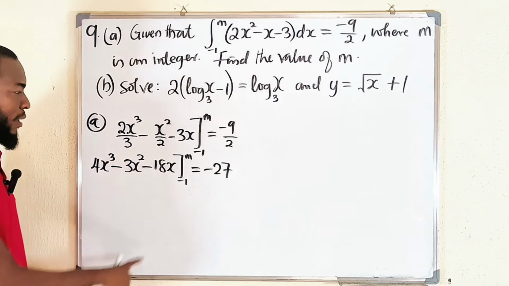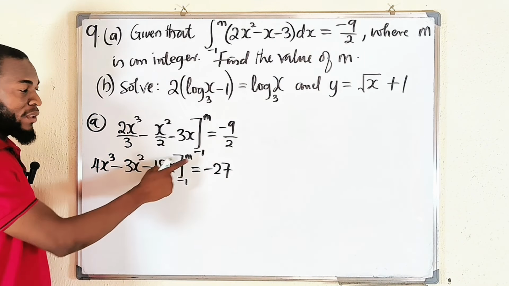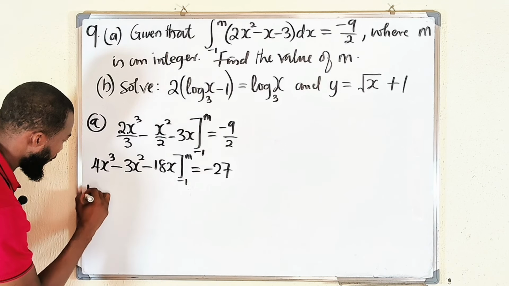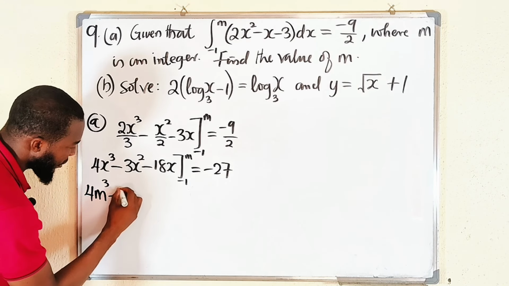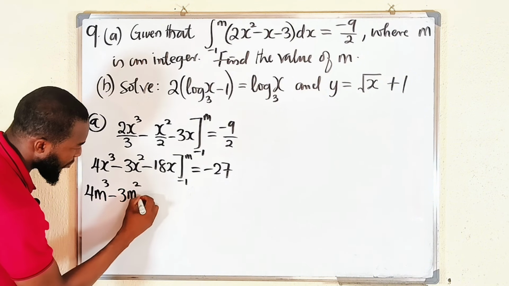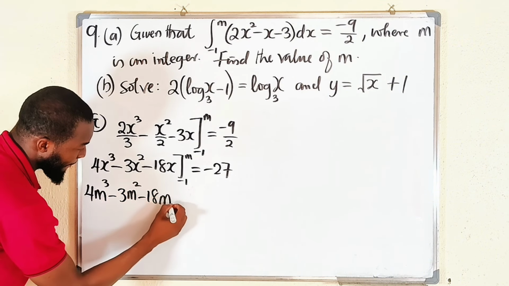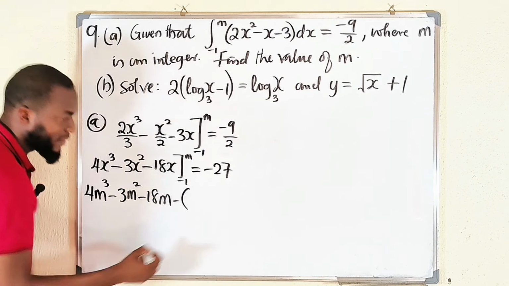All right. Upper limit, wherever we have x, replace it with m. So we have 4m to the third power minus 3m squared minus 18m, then minus the lower limit.